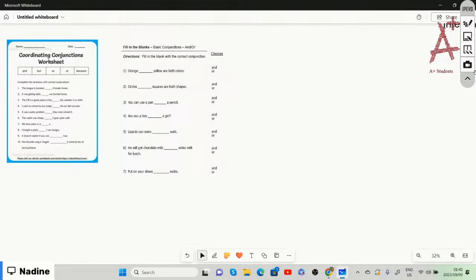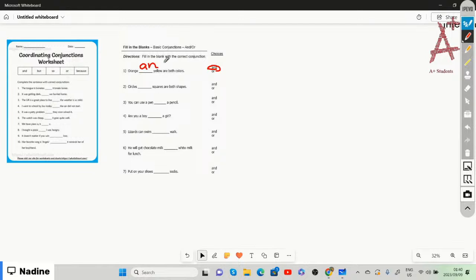For our first question, orange, yellow are both colors. And if we were to choose the correct one, we will then say orange and yellow are both colors. Yes, so well done.